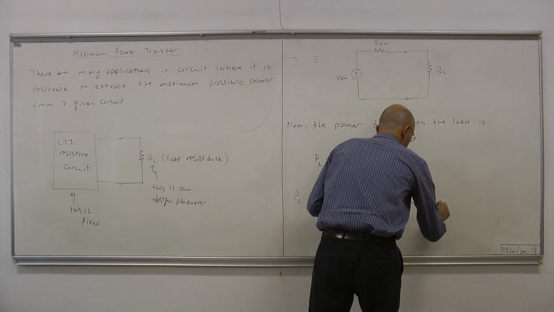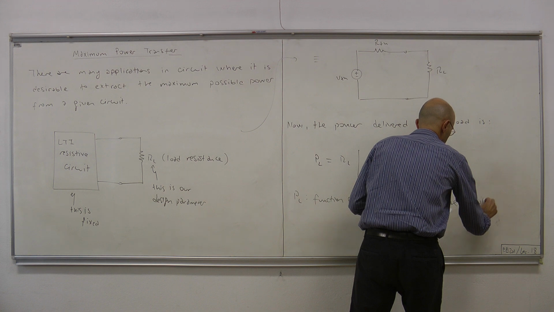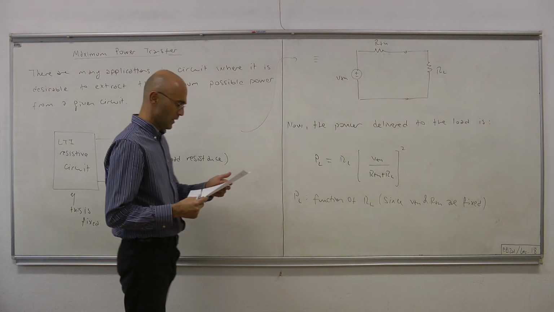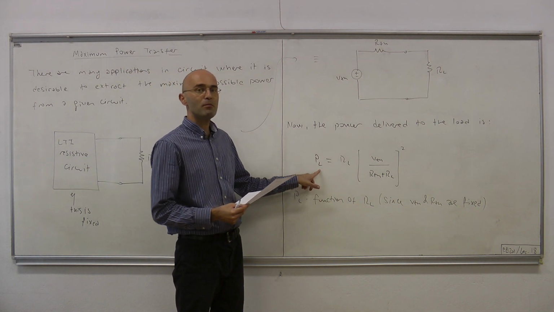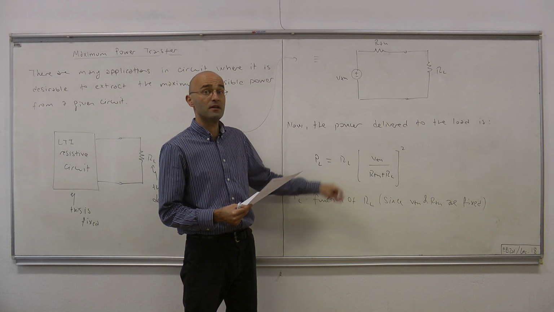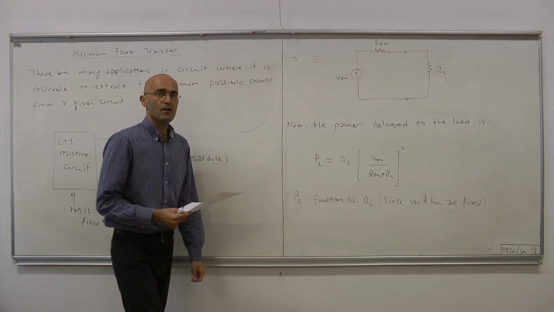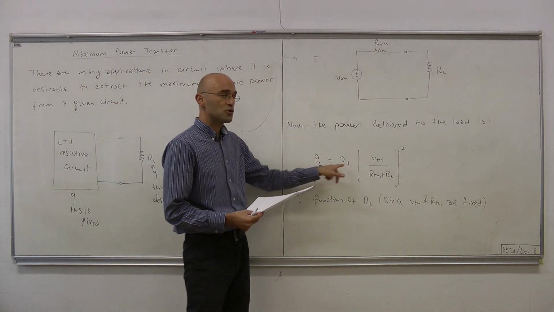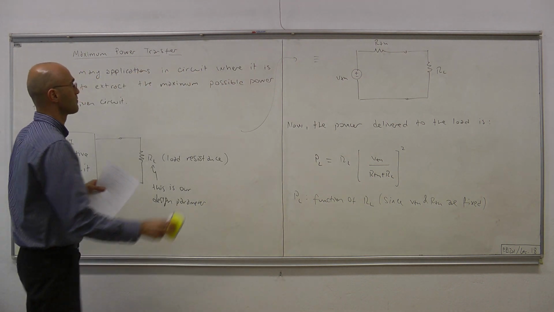Then the question is, here we have a number, and that number varies as you vary RL from 0 to infinity. How should we choose RL so that this number is maximum? Okay, so that's the question.